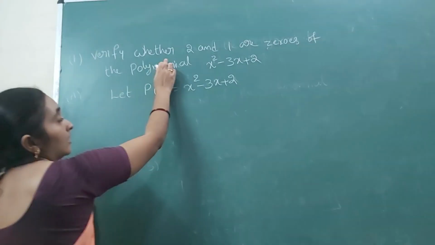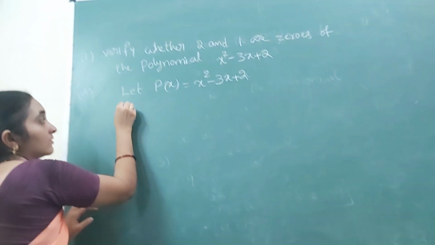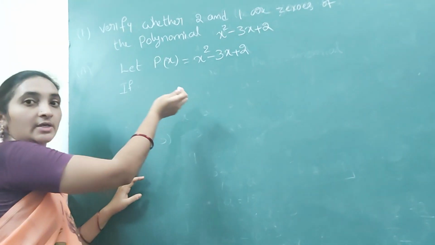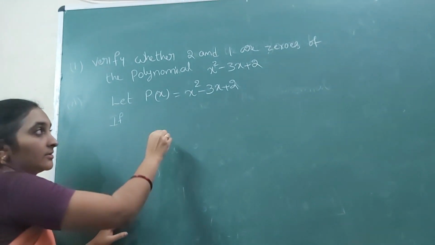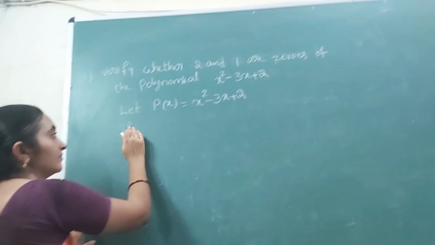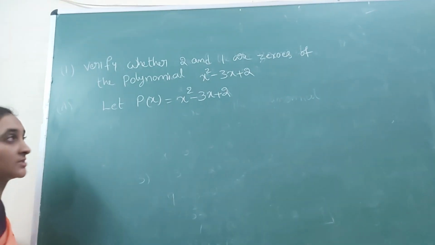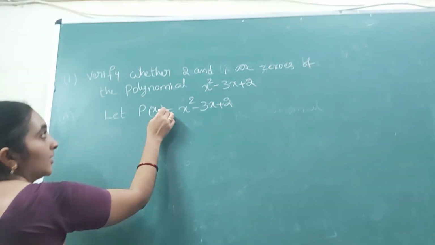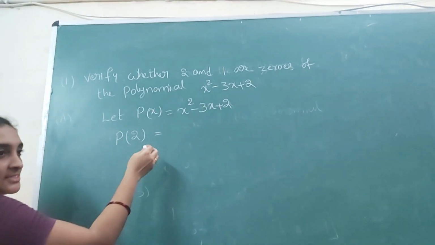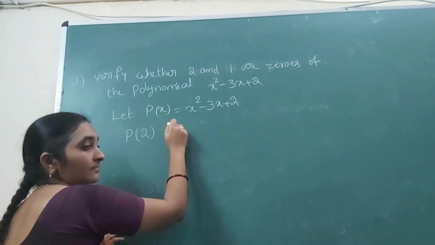Next, first we take 2. If p of 2 is 0, then it is a zero of the polynomial. That means 2 is a zero of the polynomial p of x. So first, p of 2: we replace x by 2.